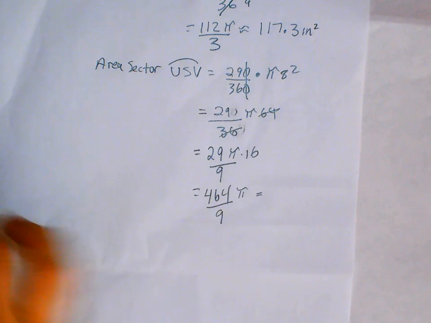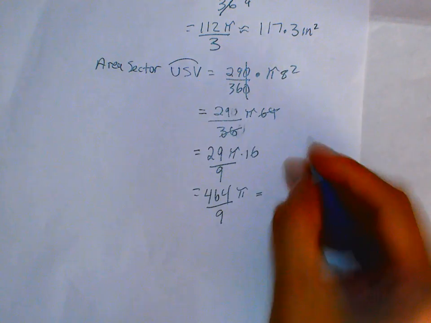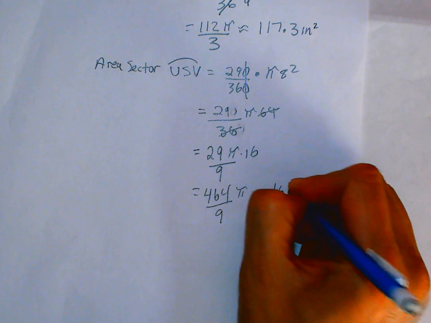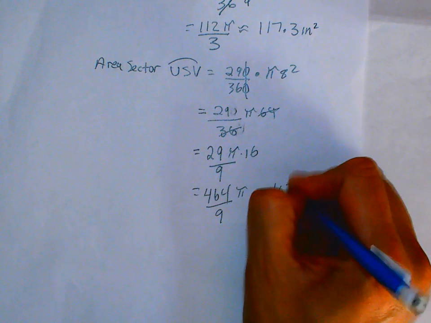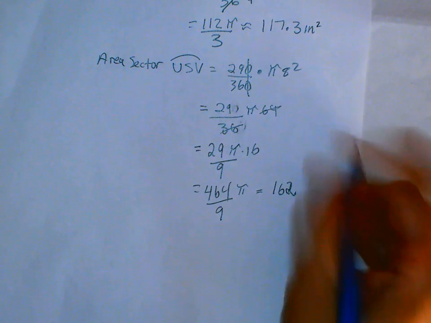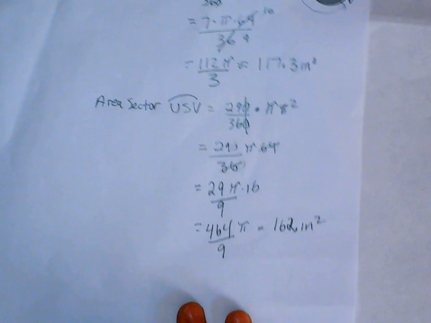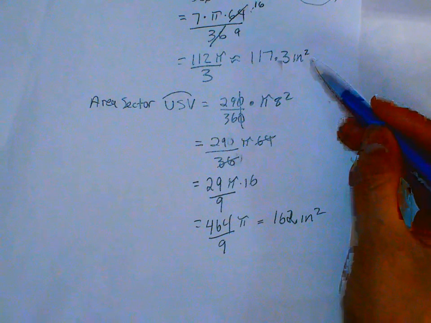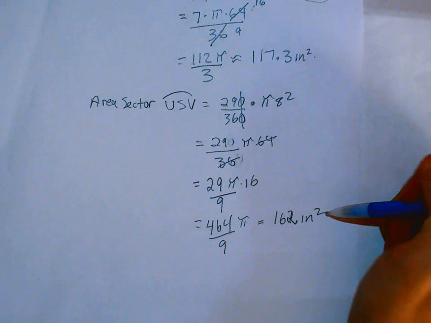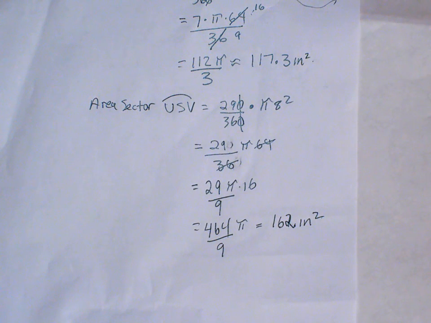And then plug all of this into the calculator, and you get about 162 if you round to the nearest, inches squared. So this is the area of the small sector. This is the area of the large sector. And if you add them all together, it's the area of the whole thing.